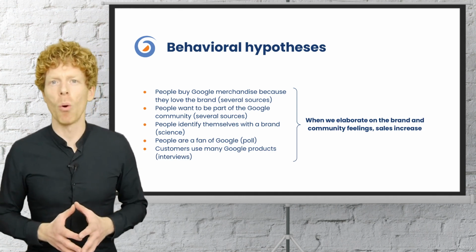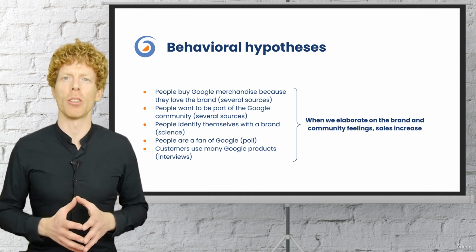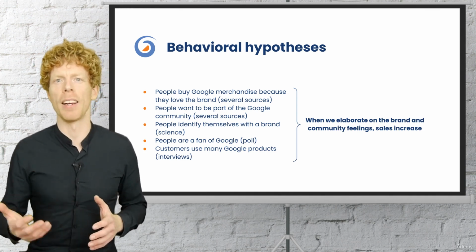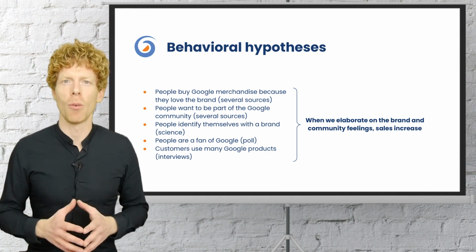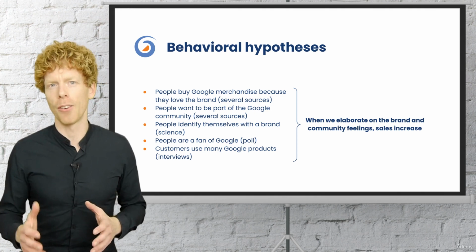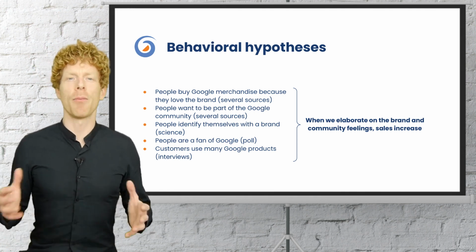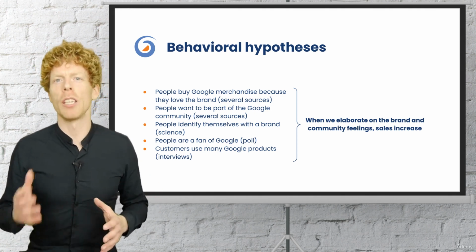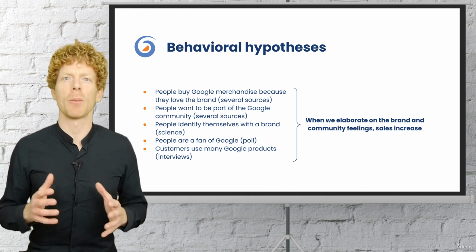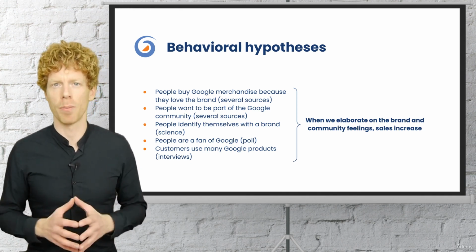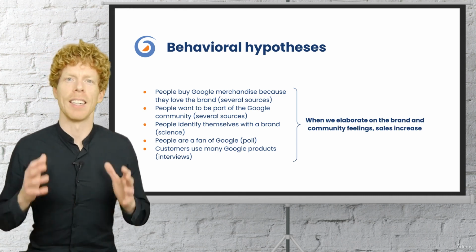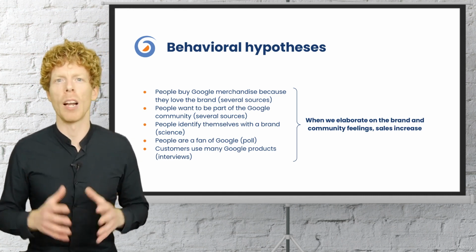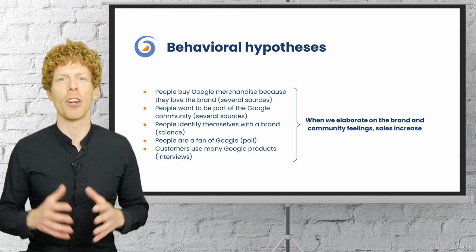And let's say that in a poll, we asked the visitors who converted why they decided to buy merchandise. And one of the essential answers was that these people are a fan of Google. And finally, let's assume in user interviews, we found that customers use many Google products. So an excellent behavioral hypothesis would be that sales will go up when we elaborate on the brand and community feelings.